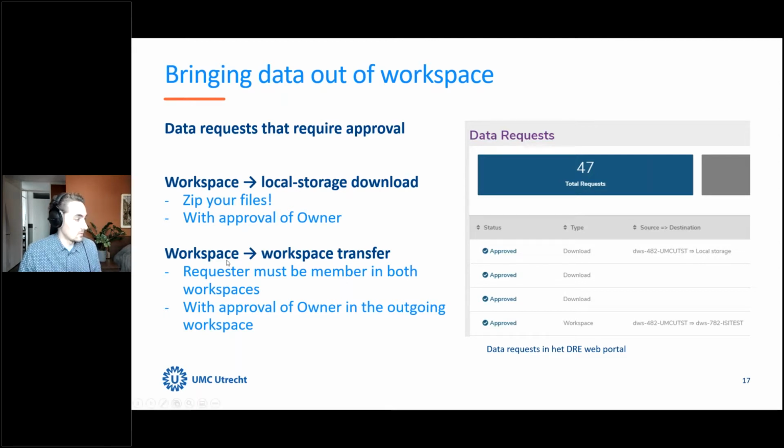If you want the same exact files to be available in another workspace, you can make a request for a workspace to workspace transfer. This happens with the approval of the owner of the outgoing workspace. So the workspace where data is leaving, there you need the approval of an owner.